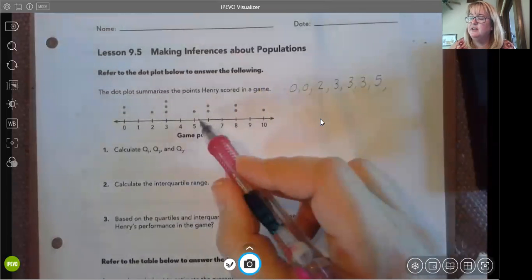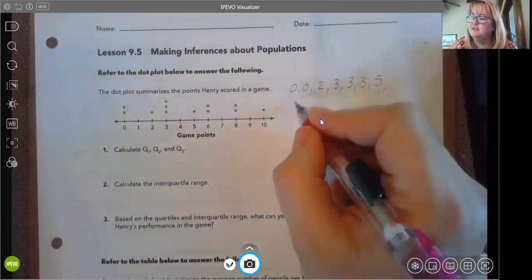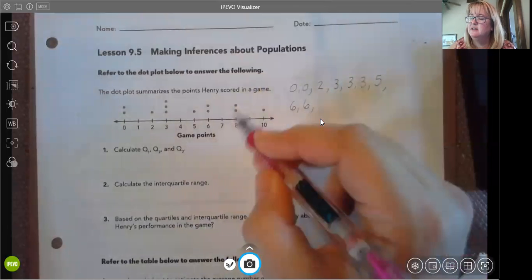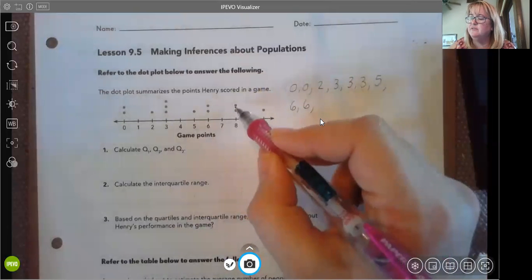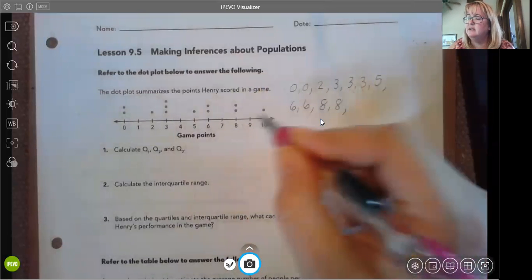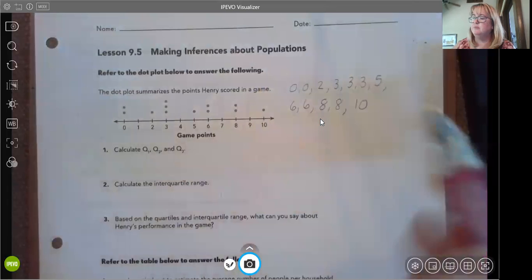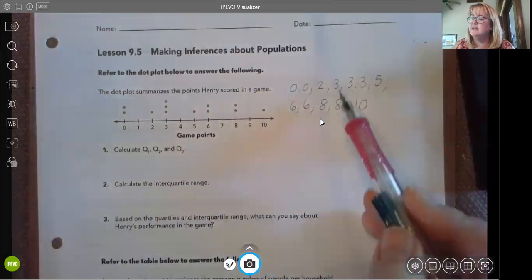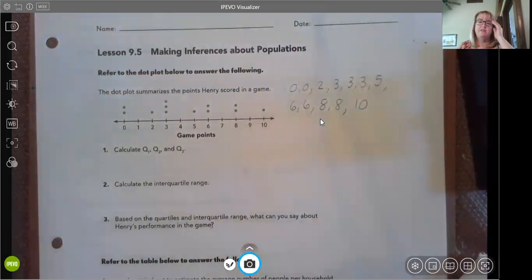You get what's going on here? 2 dots at 6, so he scored 6 points and 6 points. He didn't score 7 points ever. He scored 8 points in 2 games, so I'm going to list the 8 twice. In one game, he scored 10 points. 2, 4, 6, 8, 10, 12. Okay, I've got all 12 games listed and how many points.